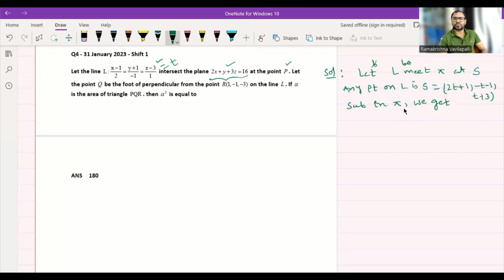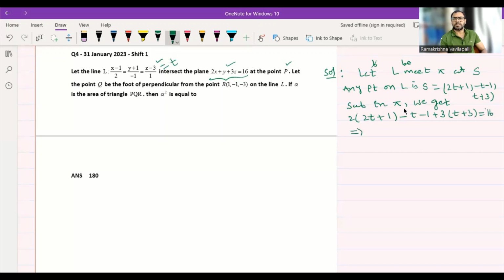So 2 times 2t plus 1, plus y coordinate minus t minus 1, plus 3 times z coordinate t plus 3, minus 16 equal to 16.